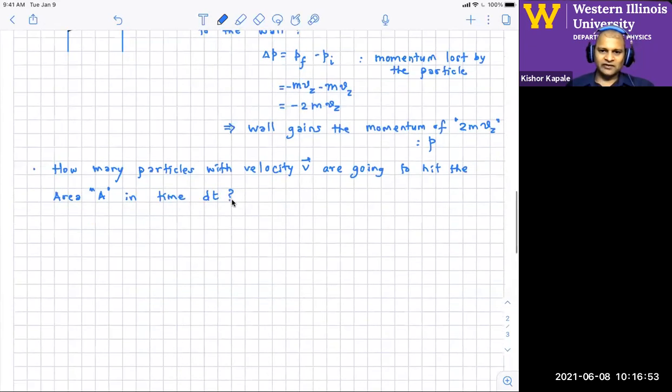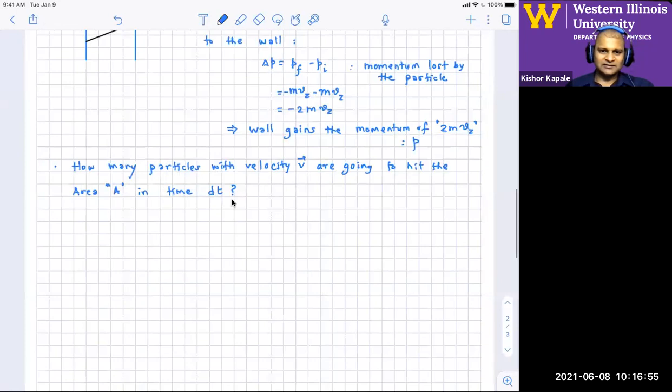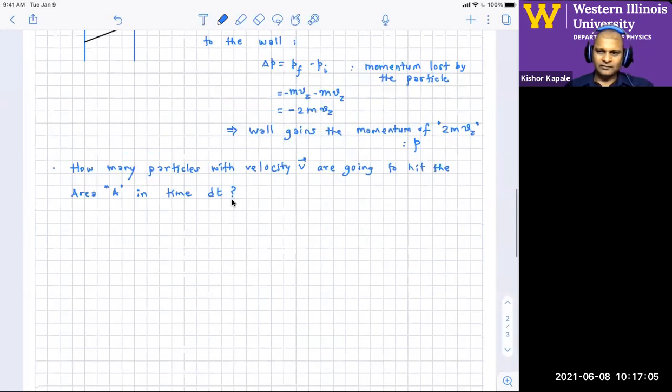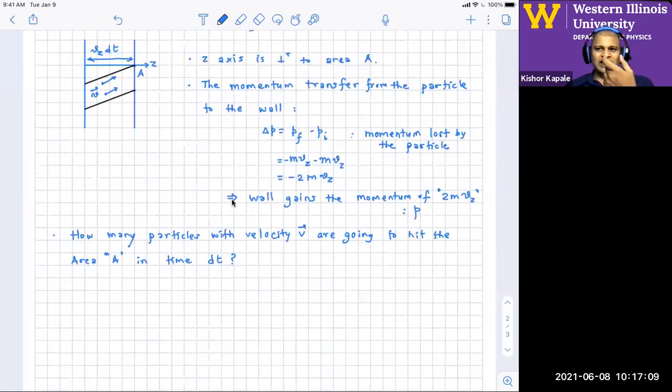Any thoughts? How would we go about calculating this? So if the speed is Vz, within that time interval dt, the particles are going to cover the distance of Vz times dt.